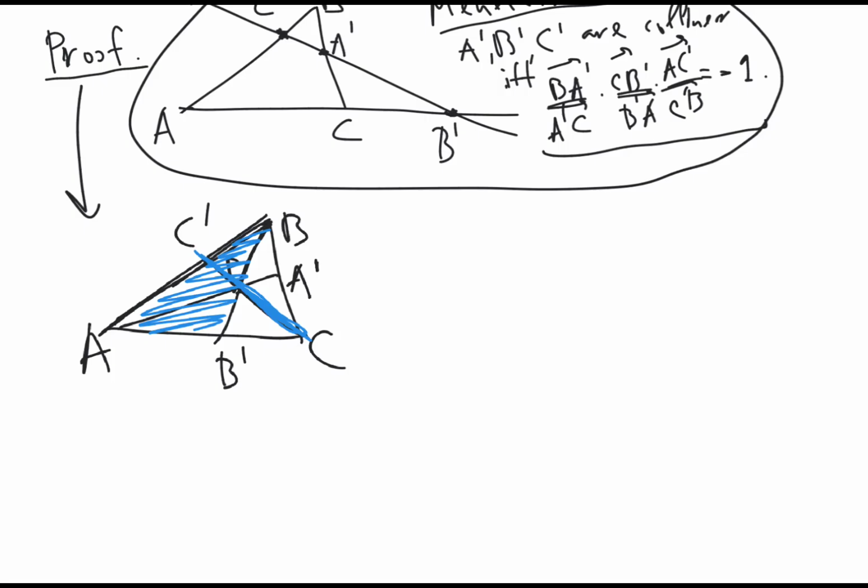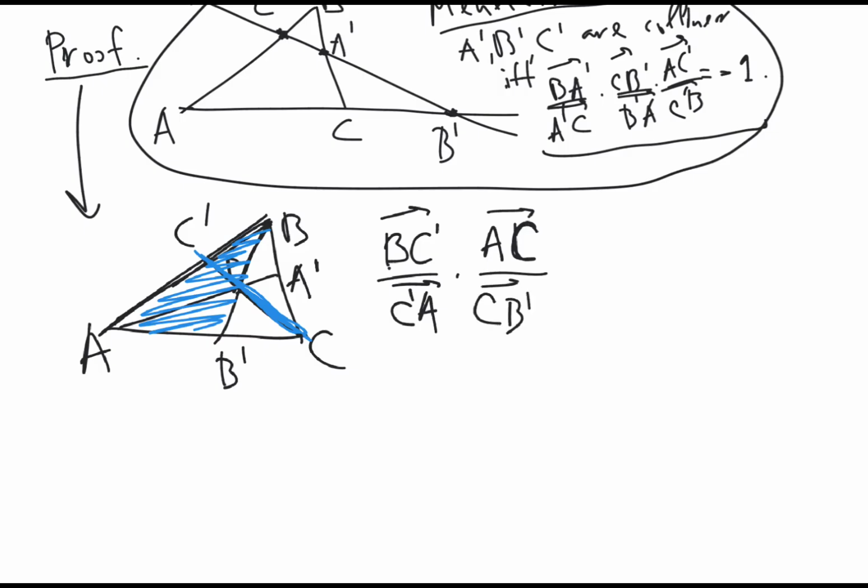We have B C prime over C prime A multiplied by AC over CB prime, because C is the intersection point of this line, multiplied by B prime P over PB.